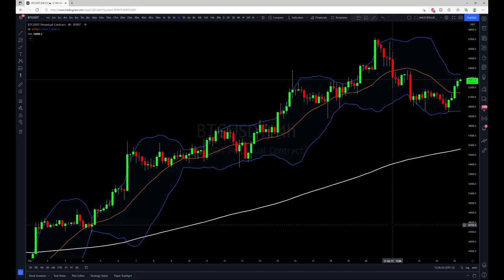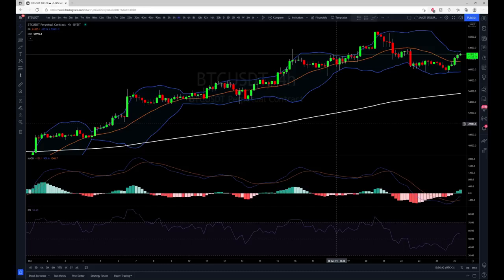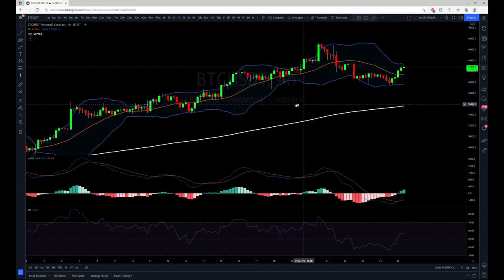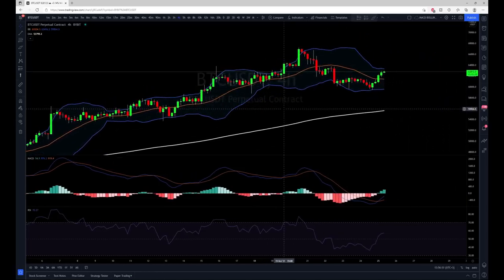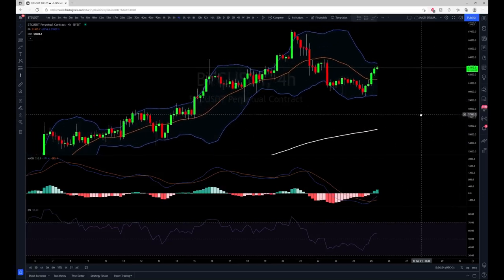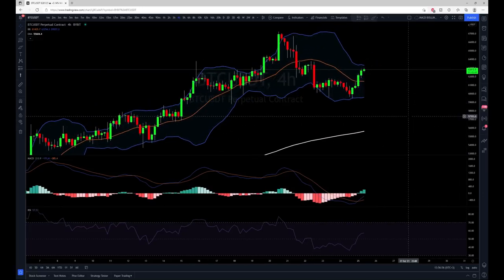Now, there are those simple things like support and resistance levels, trend lines, and those basic concepts that people tend to use. Those are fine, but I prefer more of a multi-time frame approach with divergence. So I'm going to pop up the MACD and the RSI, and we're going to go down to a lower time frame to see if we can spot some more precise entries and maybe just add in some additional factors that are going to give us a better chance of nailing that bottom of the dip to get in for a really great price.